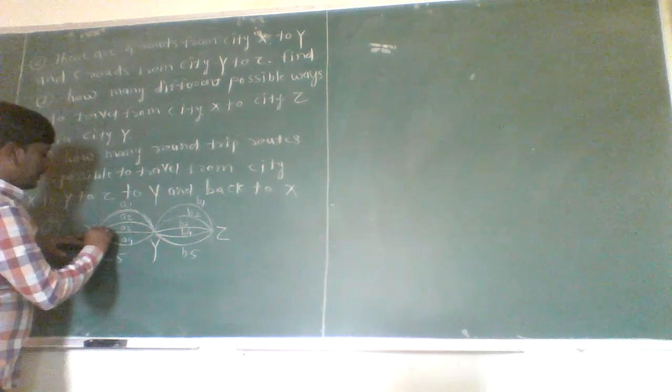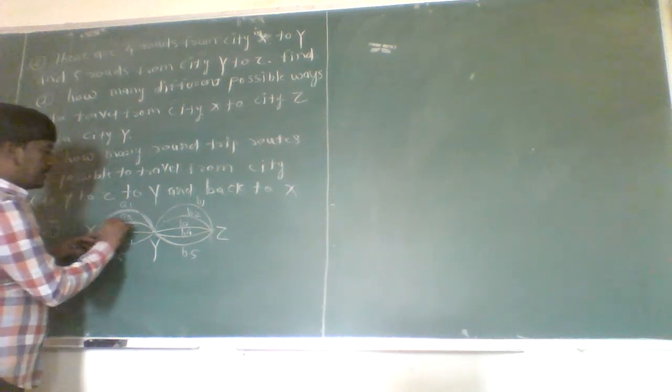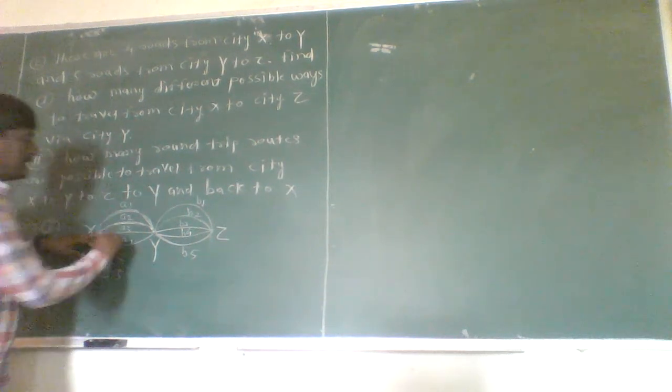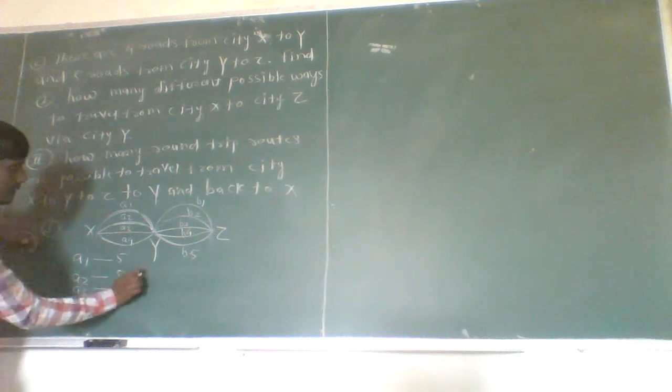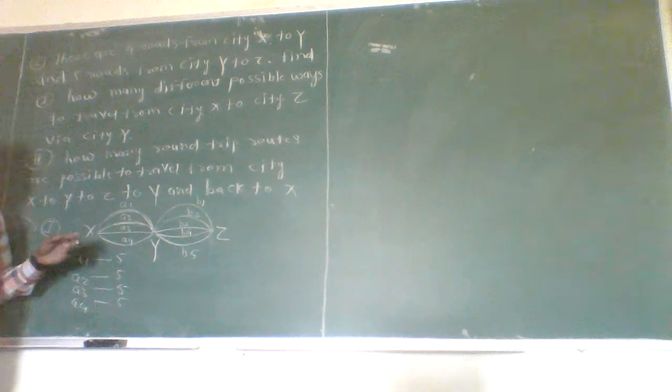Similarly, if we travel from this road A2, then again for A2 there are 5 possibilities. A3 has again 5 possibilities, and A4 has 5 possibilities.